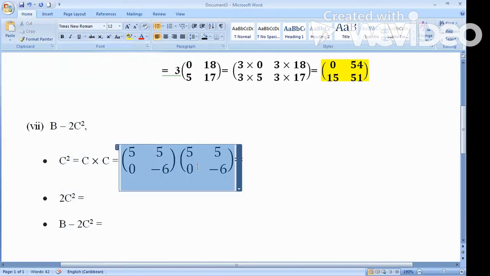Multiply C times C, put 2 in front of it, multiply, then subtract 2C squared from B. Sir, must the B be in front or behind? It has to be in front, because this says B minus. If you put it on the right hand side, you're going to get it wrong. Good question. All right, 5 minutes.